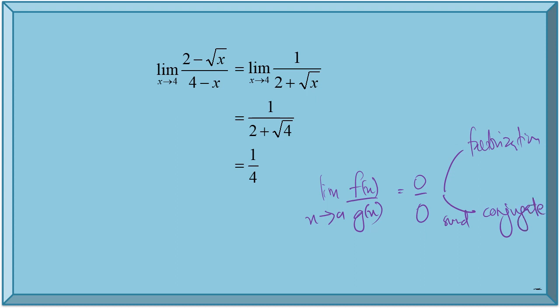So only these two types of method we can use, or maybe we need to combine both of these methods. Okay, so what is the tip? If f(a) is 0, it means that x minus a is a factor of both f(x) and g(x). So we can find the other factor by using long division.